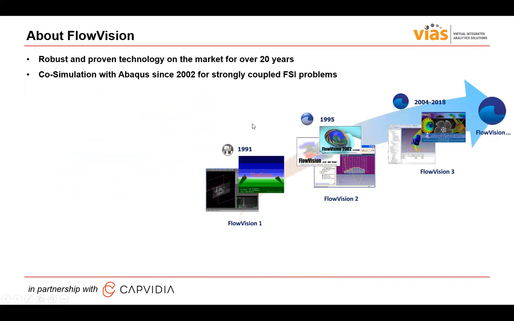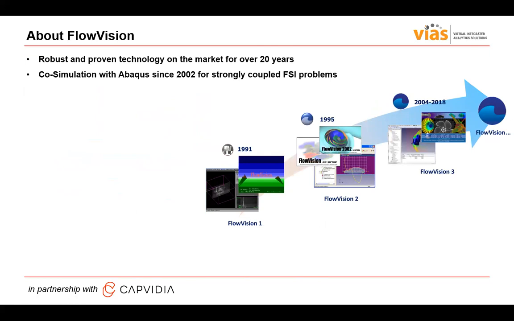Then, starting with our main topic today, which is the FlowVision CFD software, the first thing I would like to do is give you a brief introduction about what FlowVision is. FlowVision has been on the market for over 20 years now with its robust and proven technology.